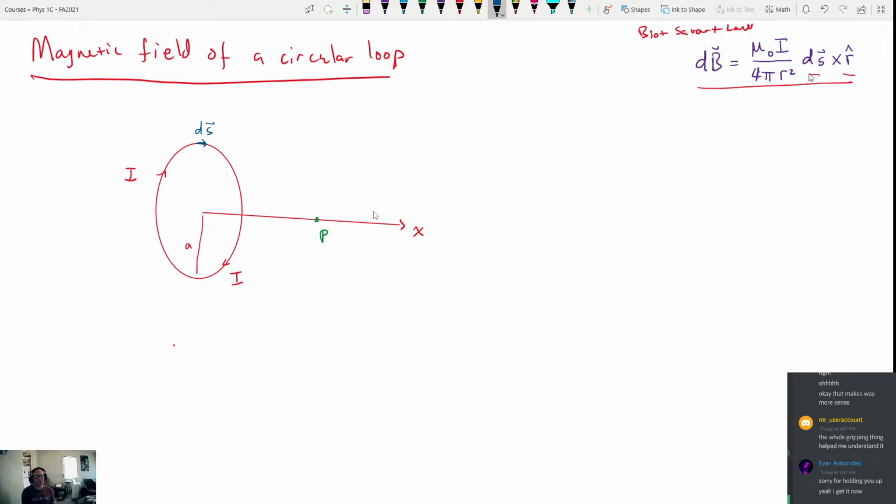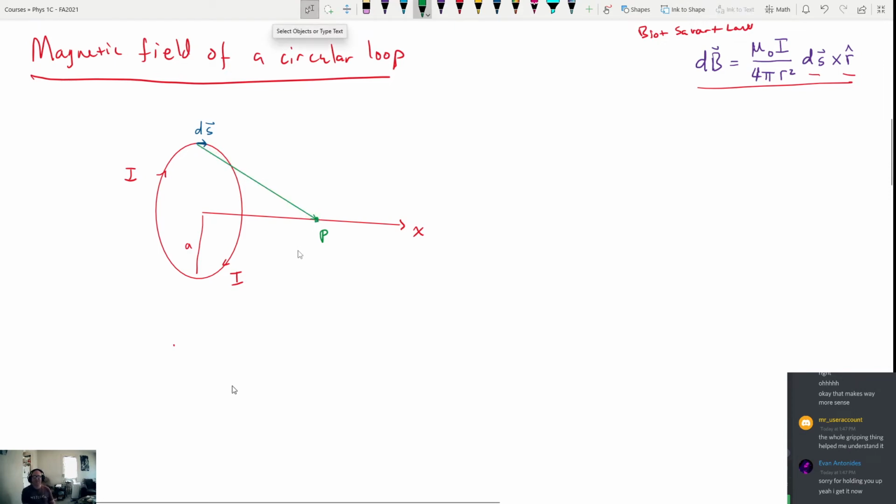The next thing we need to do is draw an r vector. And that r vector always goes from the ds vector, the line element of the current, to the point P. So now we'll draw a vector from here to here, and we'll get it right on that edge.